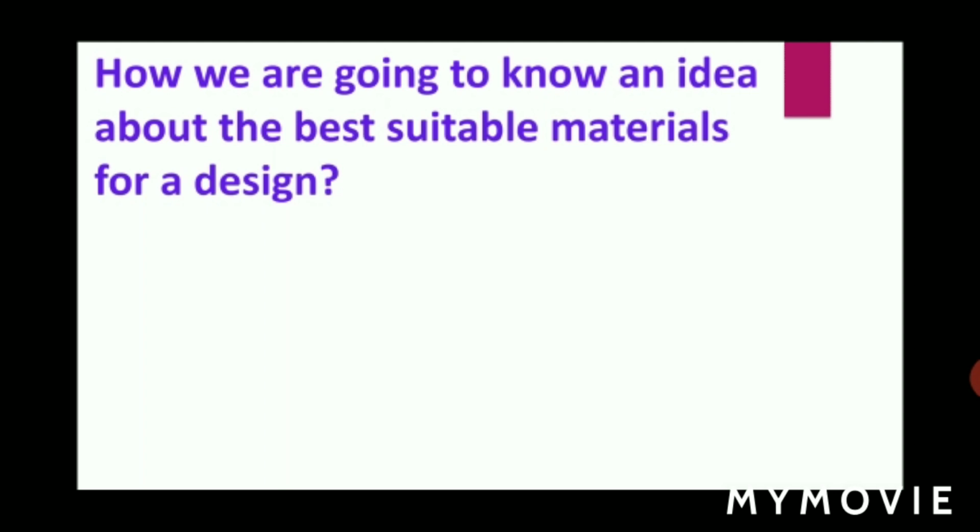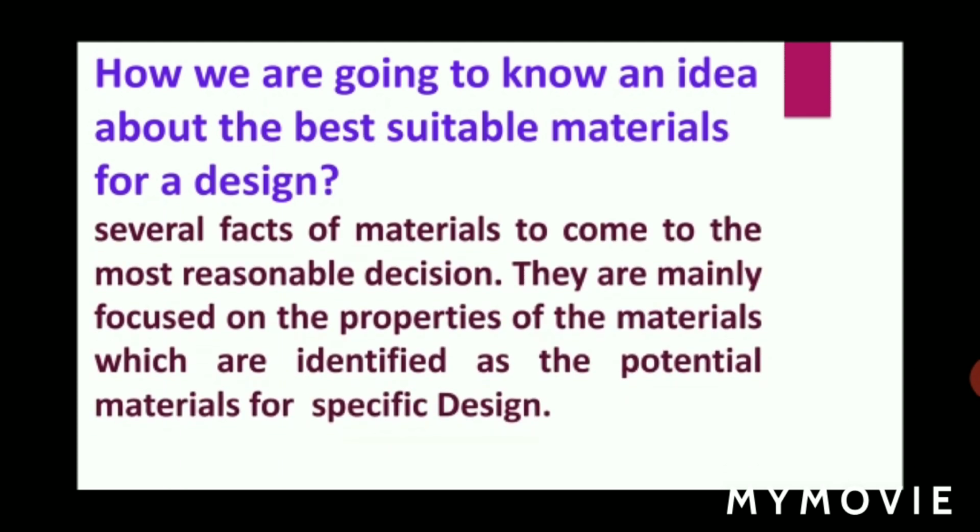So as a design engineer, you have to follow some basic guidelines, right? So what are those guidelines and how do you select? The guidelines here mean several factors of materials to come to the most reasonable decision. How do you achieve a decision? Various factors are involved.